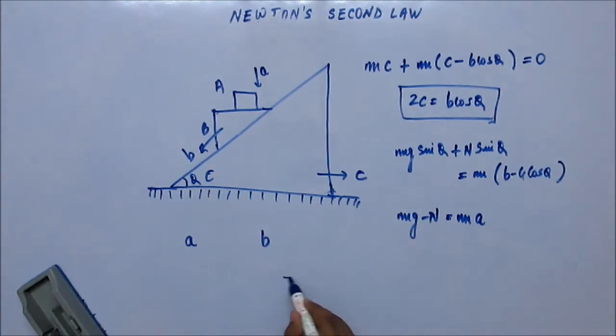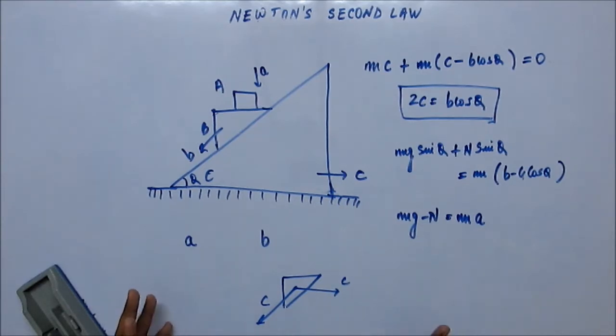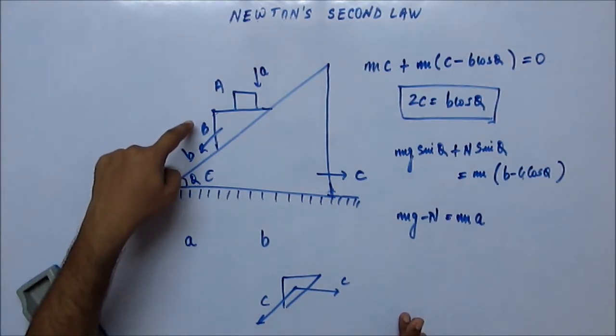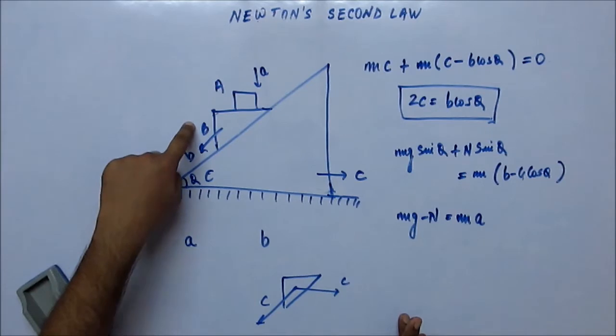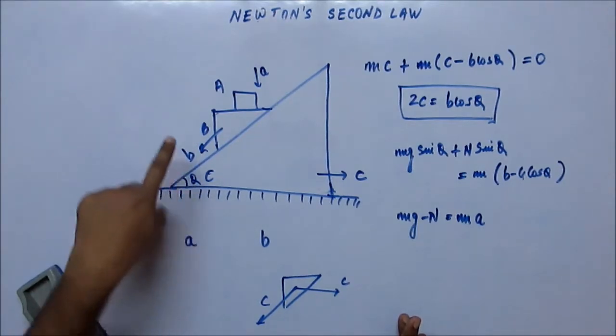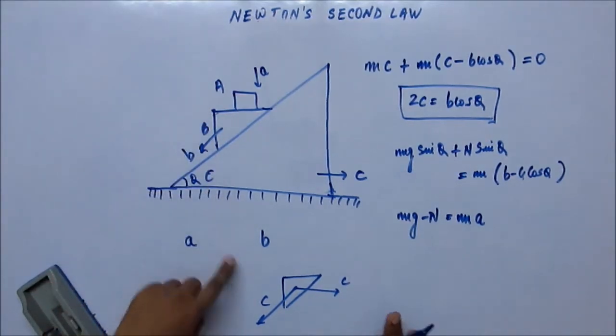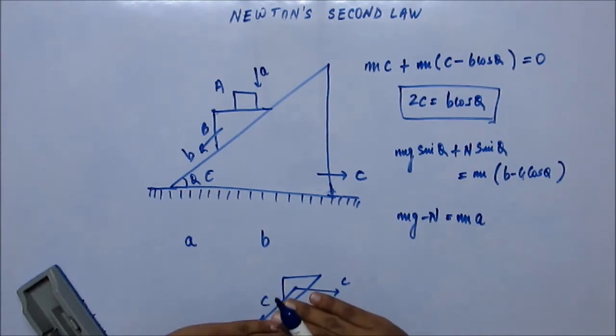The relation is that block B has two components of acceleration: C is horizontal and B is down the plane. Now, A and B will never lose contact. So with whatever amount of distance B is coming down, by the same amount of distance A will also come down, because A and B are never losing contact.